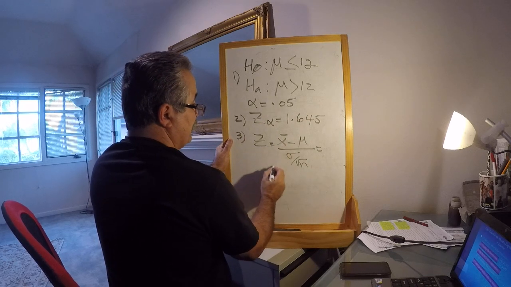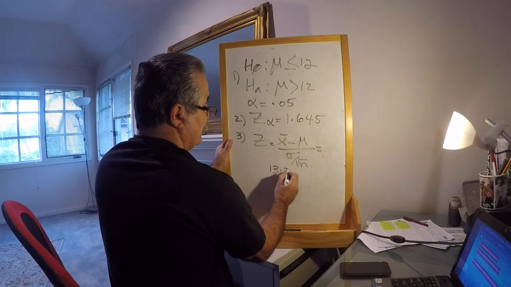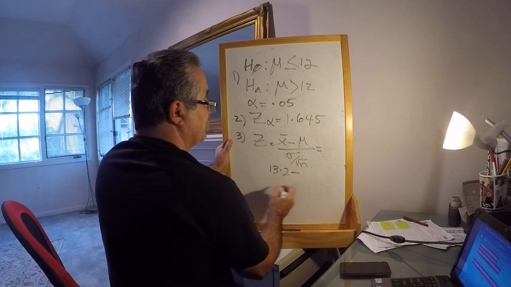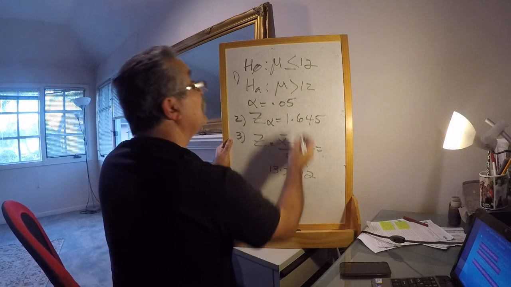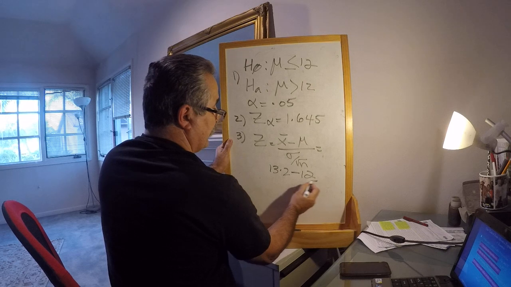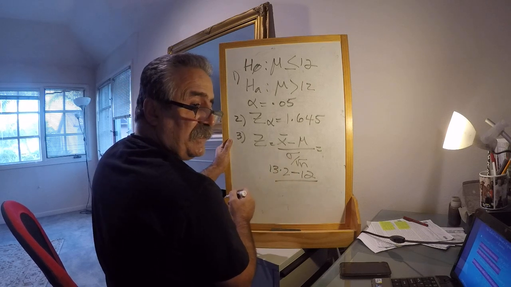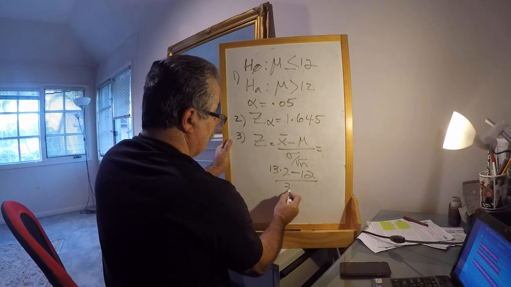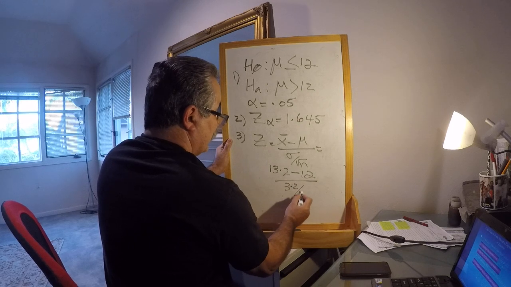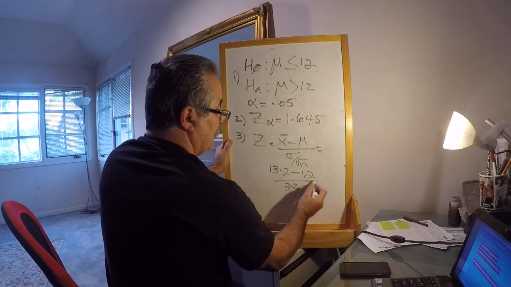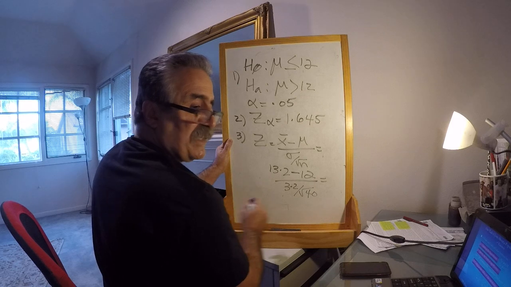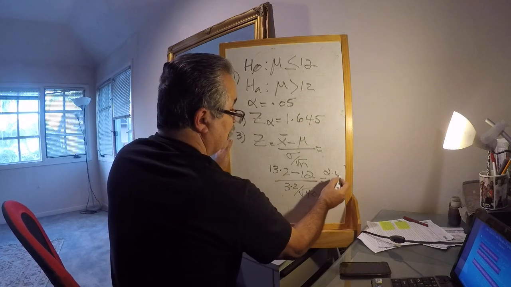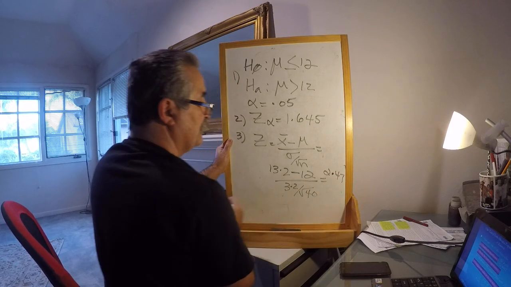So X bar, they said 13.25, minus mu, which is 12, divided by sigma, which is 3.2, divided by square root of 40. So this comes out to be 2.47.